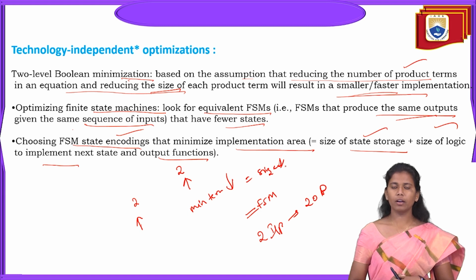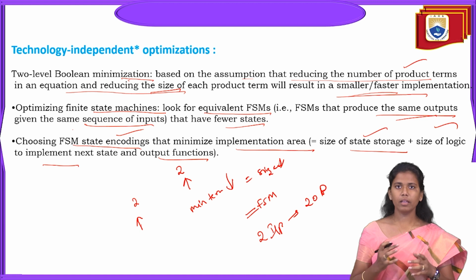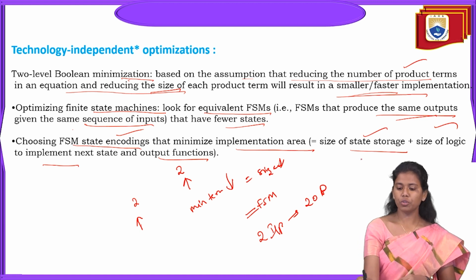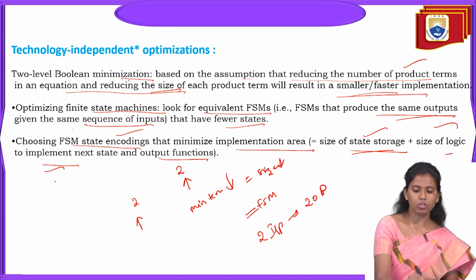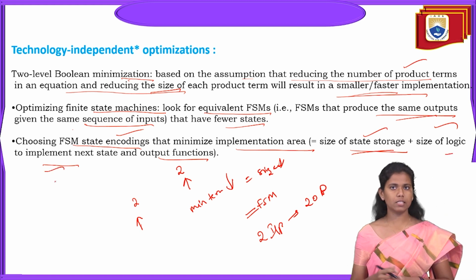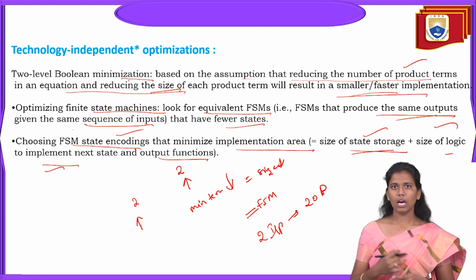So if you want to reduce the size of the area, then obviously you have to reduce the storage of the states, along with the size of the logic implementation for the next state as well as the output function.